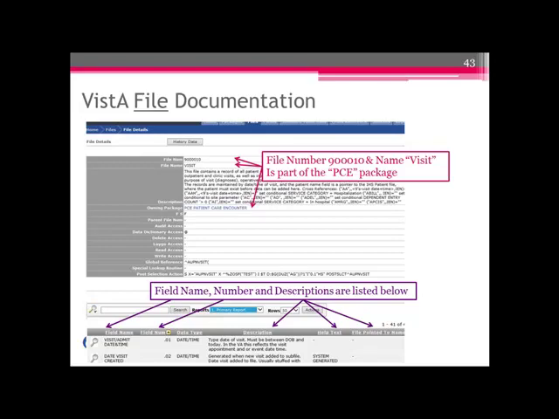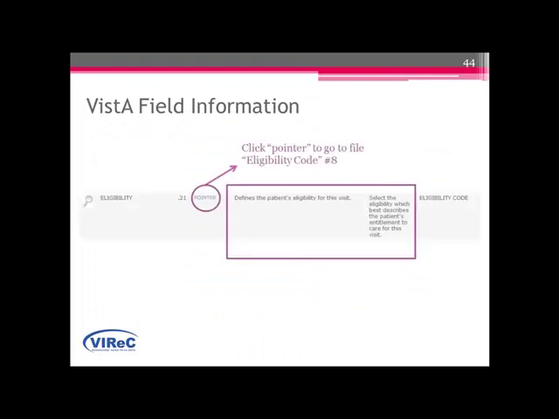So I need to scroll down in the field name and the field number in order to find the field that I was interested in. Once I start scrolling, I do eventually find eligibility number 0.21 in that visit file.